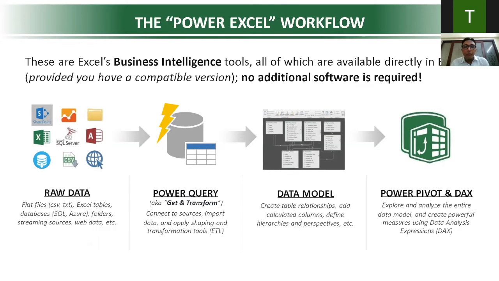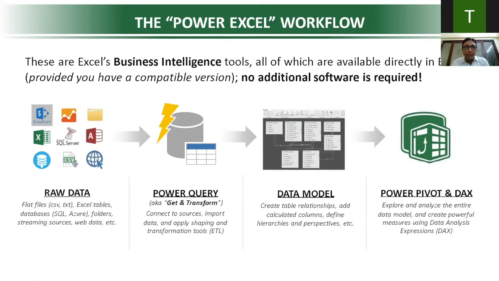So there are four things in the business intelligence or data analytics. One is your raw data, which you basically get from your online systems. And then we basically pull that data in Power Query, and then we make some data models, and then we basically do some Power Pivots and DAX. So there are four models.